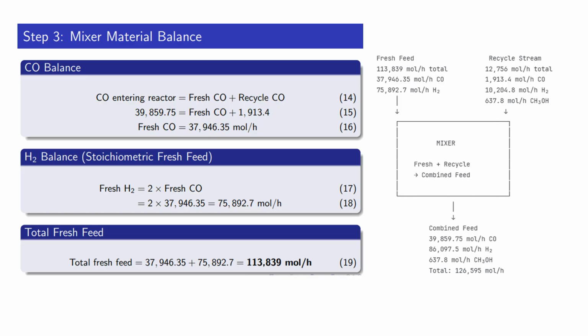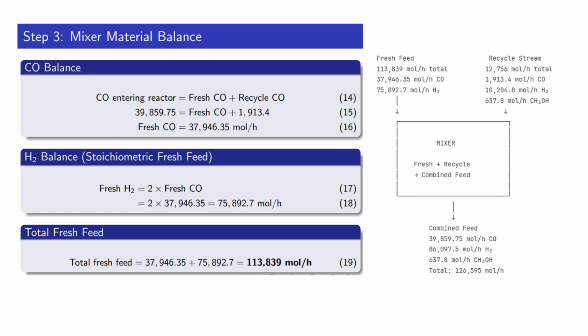Fresh carbon monoxide we don't know, but recycled carbon monoxide we know, 10,913.4. So fresh carbon monoxide is 37,946.35 mole per hour.